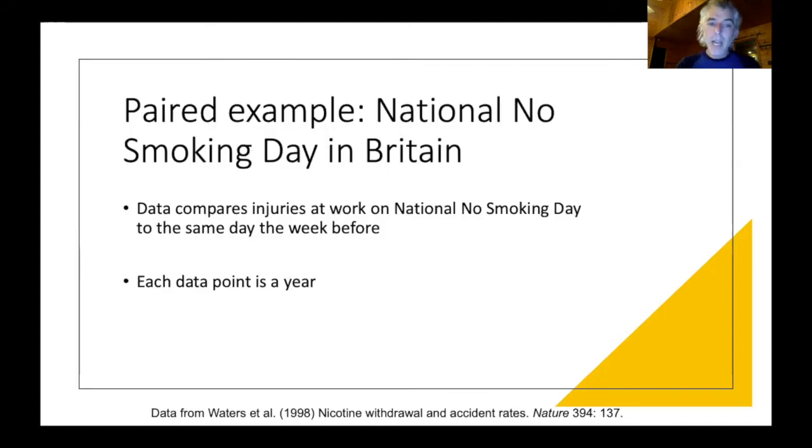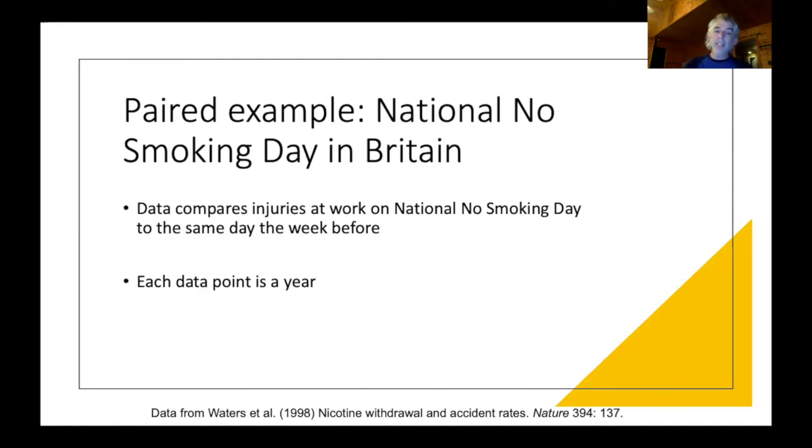So as an example of this, researchers were interested in trying to understand what the effect of a national no smoking day was on worker injuries that would occur at their place of work. And to do this, they compared the number of injuries that occurred before the National No Smoking Day and the number of injuries that occurred on the National No Smoking Day.